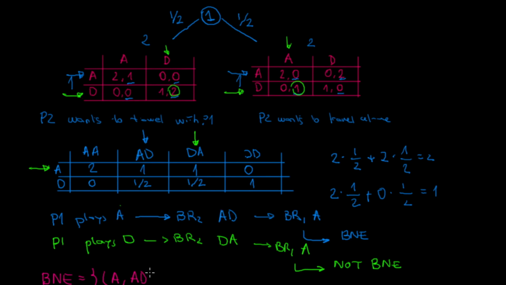That is the strategy of the Bayesian Nash equilibrium, and this is the final answer. So that's it.